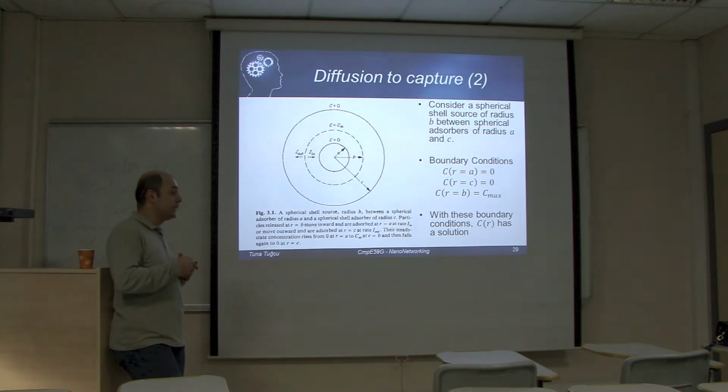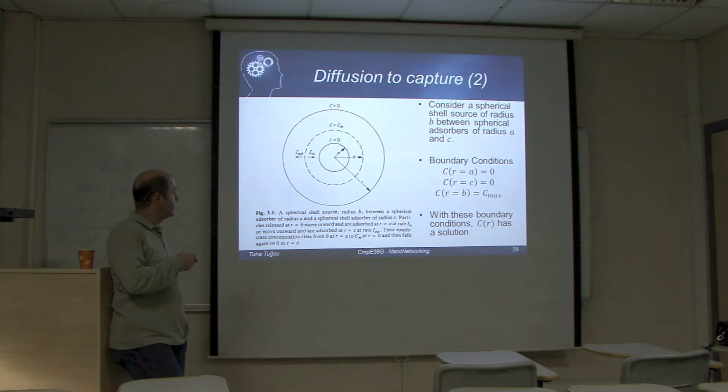So from radius B, they're released, and they diffuse towards concentration of 0. Okay? So with these boundary conditions, we can find what C of R is.